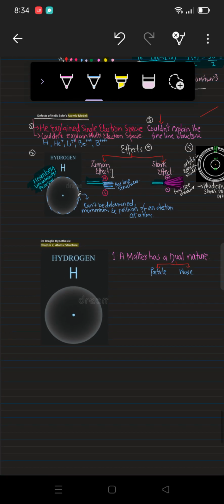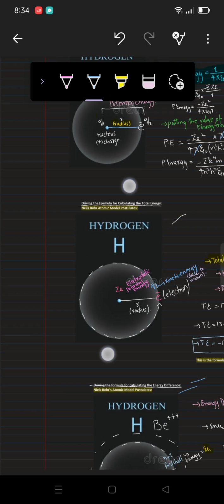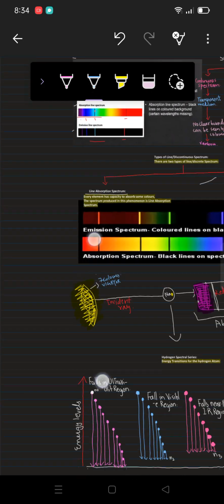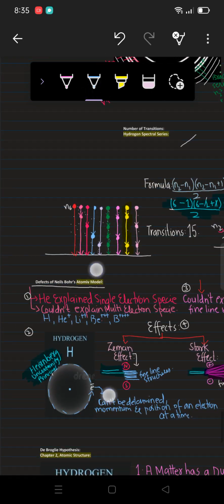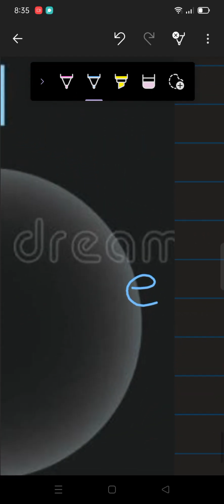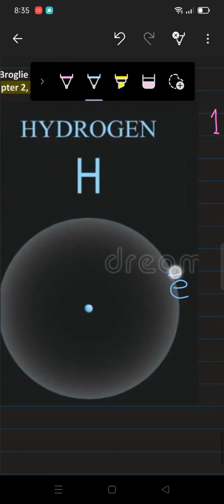So for this electron, for example, I have an electron here. Now this electron can behave as a particle too, but it can behave as a wave as well, for example, like this.